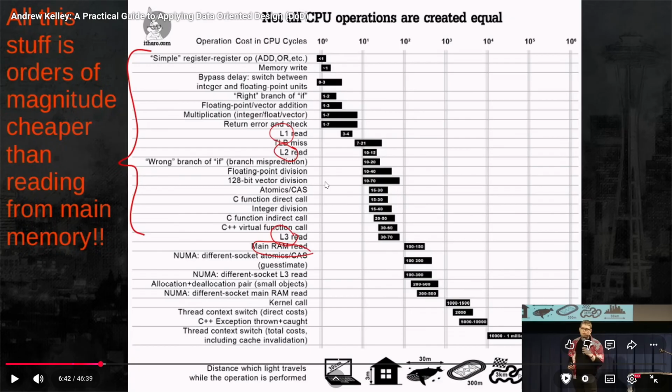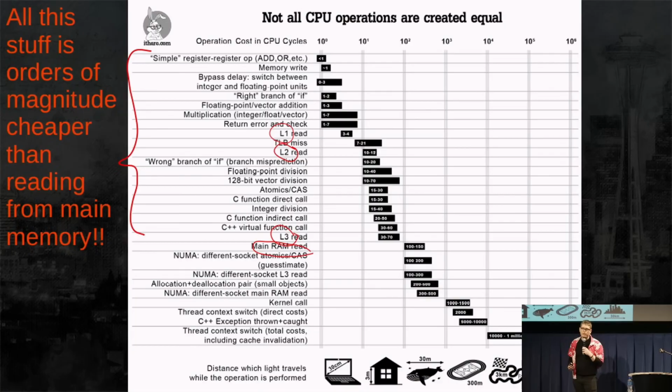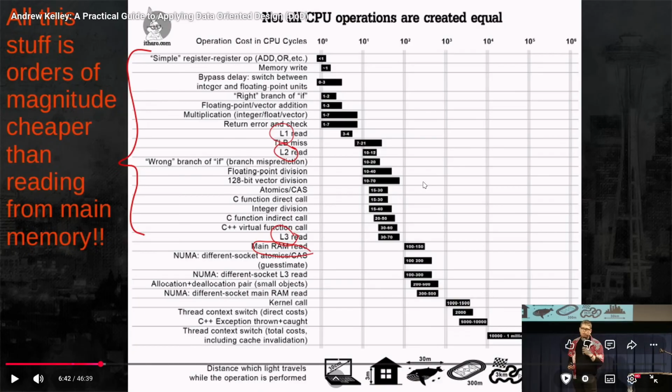Floating point division, 10 to 40 cycles. If you have a vector library and you are normalizing a vector, you are dividing the x and y components of your vector by some magnitude for normalizing it. And each of these divisions takes 10 to 40 cycles to complete.